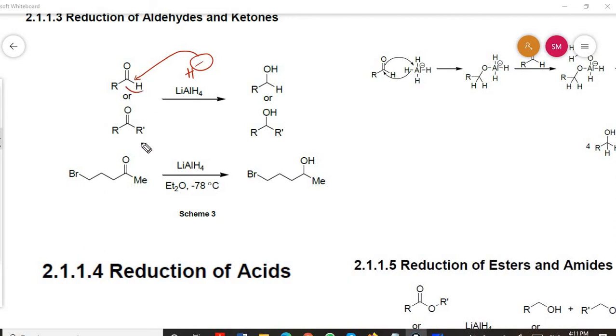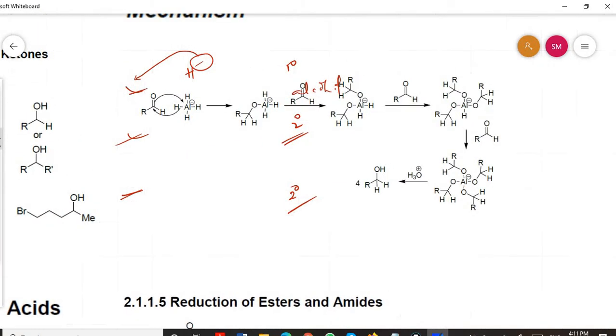Carbonyls may be aldehydes or ketones. Both aldehydes and ketones can be converted into alcohol. An aldehyde gives a primary alcohol, and a ketone gives a secondary alcohol. This is an example of a ketone converting into a secondary alcohol. When it comes to the mechanism, it is the nucleophilic addition to the carbonyl carbon.